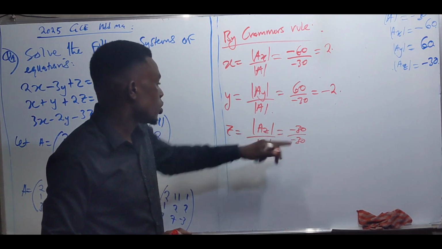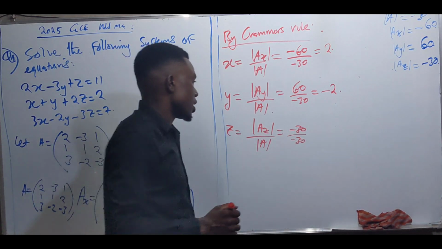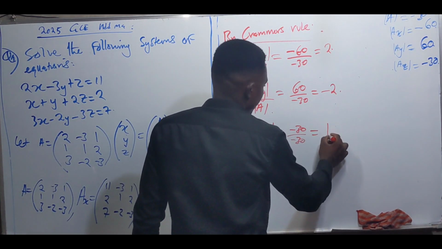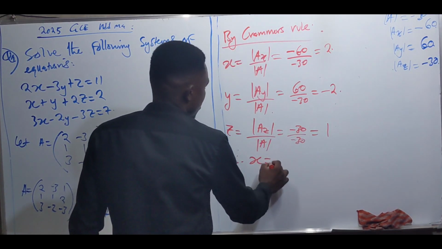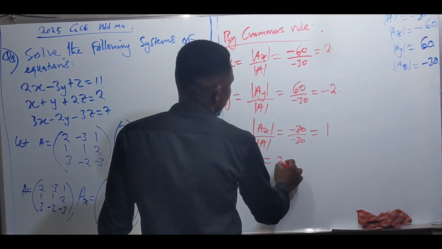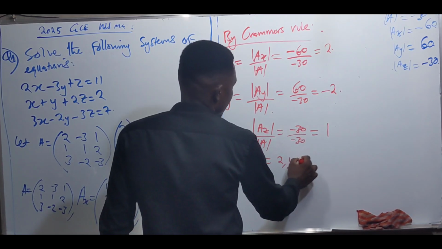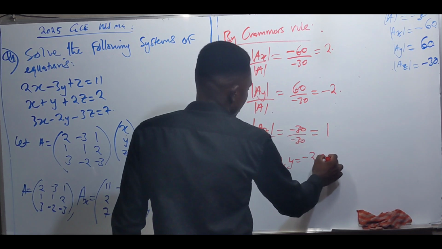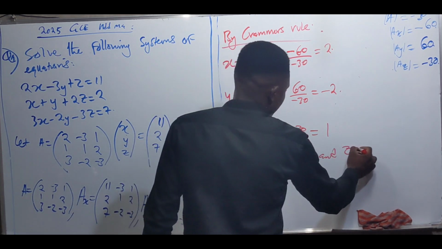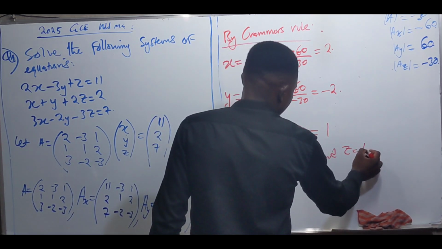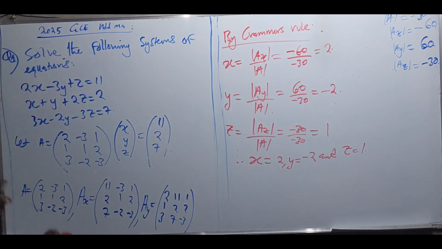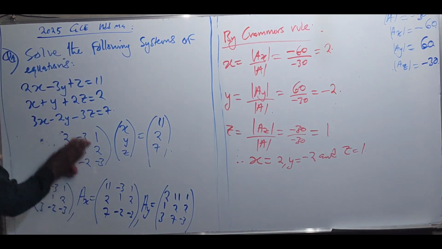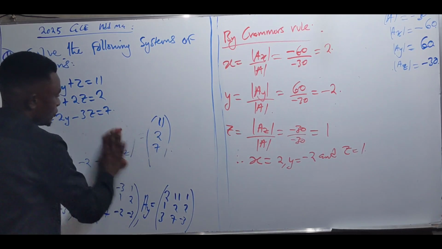Negative into negative, that's a positive, and this is basically 1. So therefore, x is equal to positive 2, y is equal to negative 2, and z is equal to positive 1.